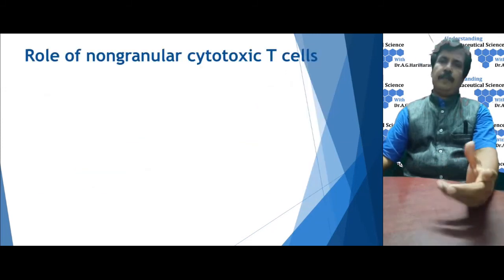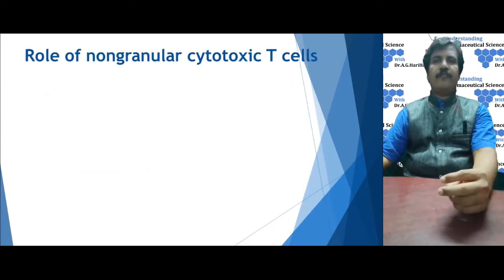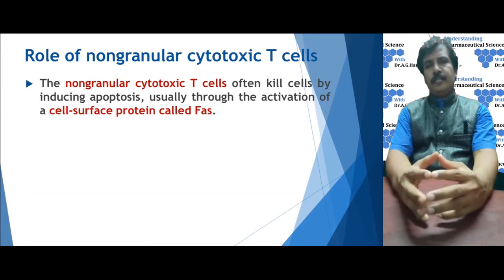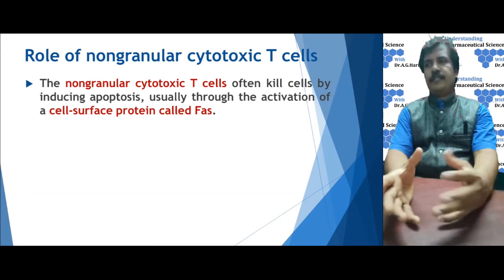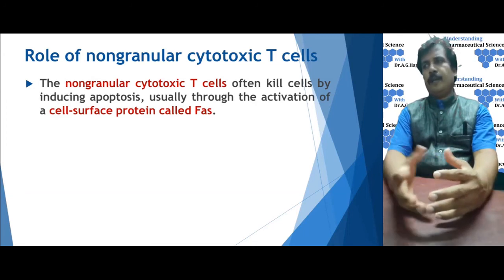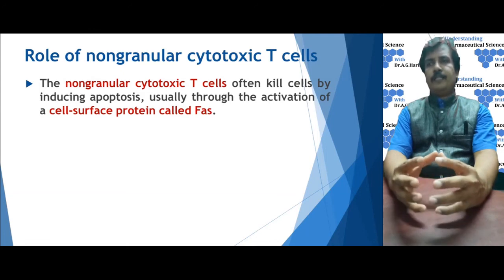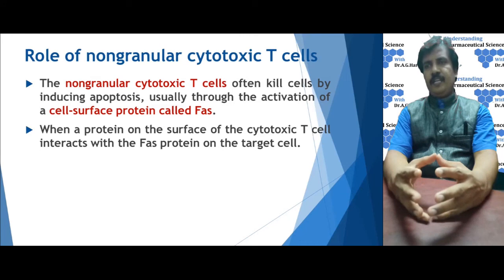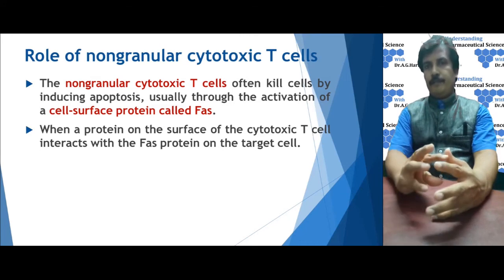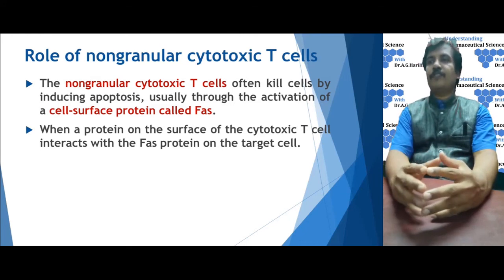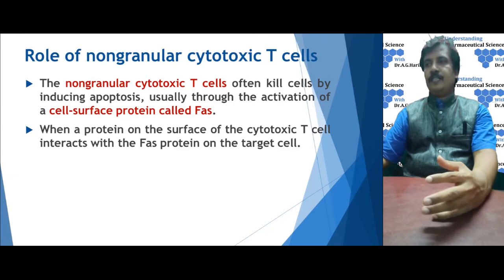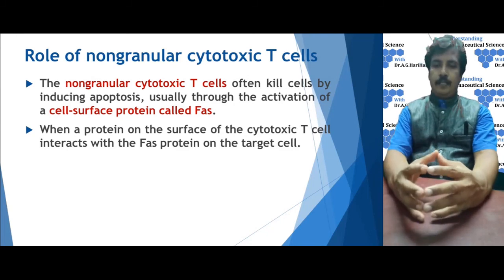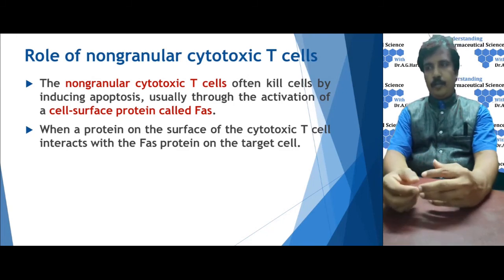So this is by means of granules, and the second is the non-granular mechanism. Generally the cytolytic T lymphocyte sometimes kills by apoptosis through a cell surface protein called FAS. This FAS helps in inducing the apoptosis of the infected cell. As you can see, the cytolytic T lymphocyte has a protein on its surface.